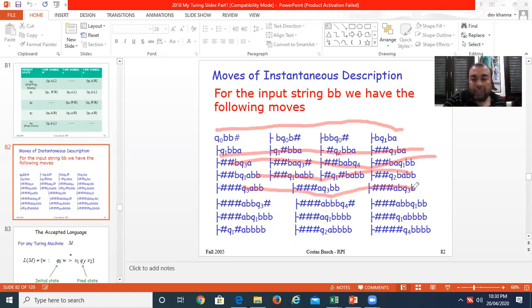Try to finish this, and actually this is our final answer. Last, this Q4 with 4 times B. These many moves have to be made, if possible, from your end. Please try to see this, and from slide number 82, we will continue in our next video that I am going to create very soon.